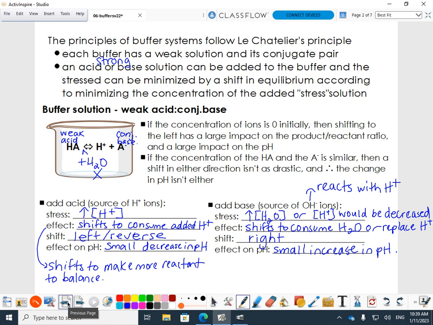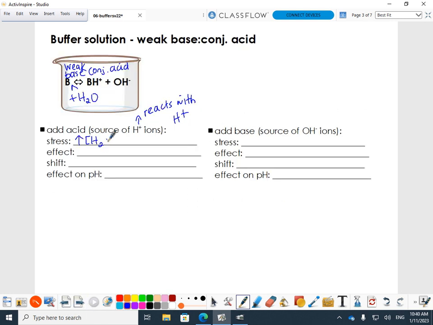All right, the same way. But even the effect of the stress is very similar.